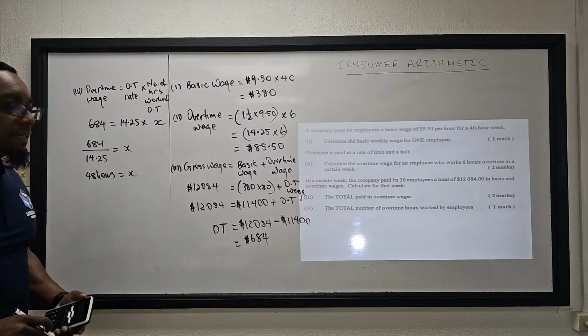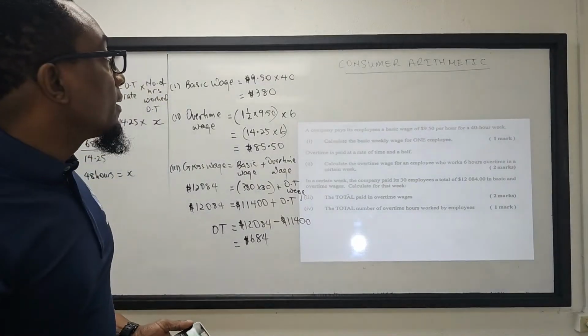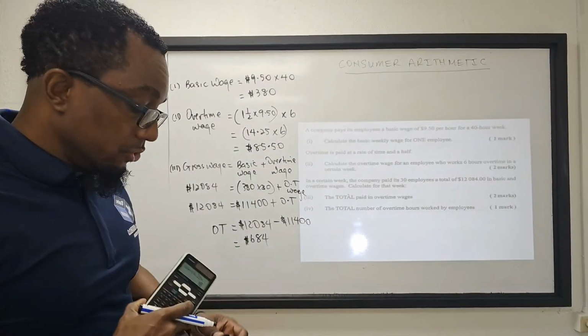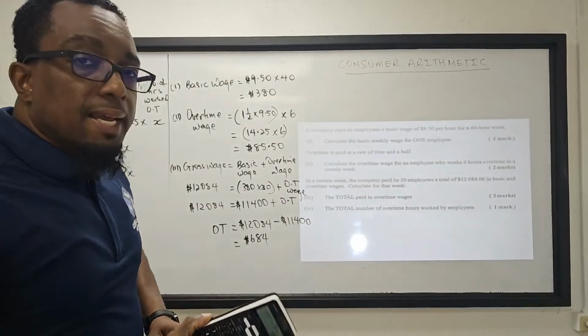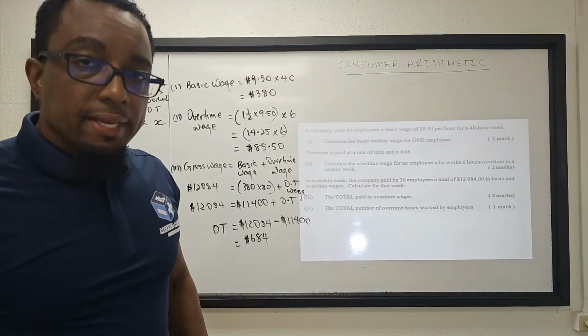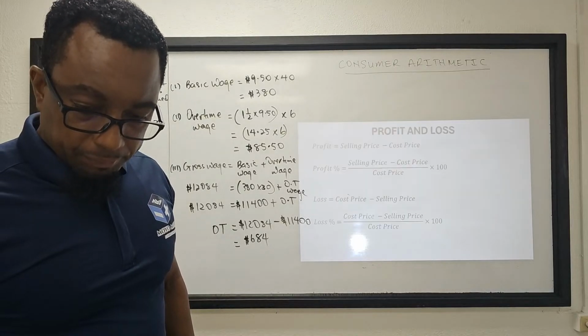And that is equal to X. Alright, so that's wages: overtime wage, basic wage, gross wage.